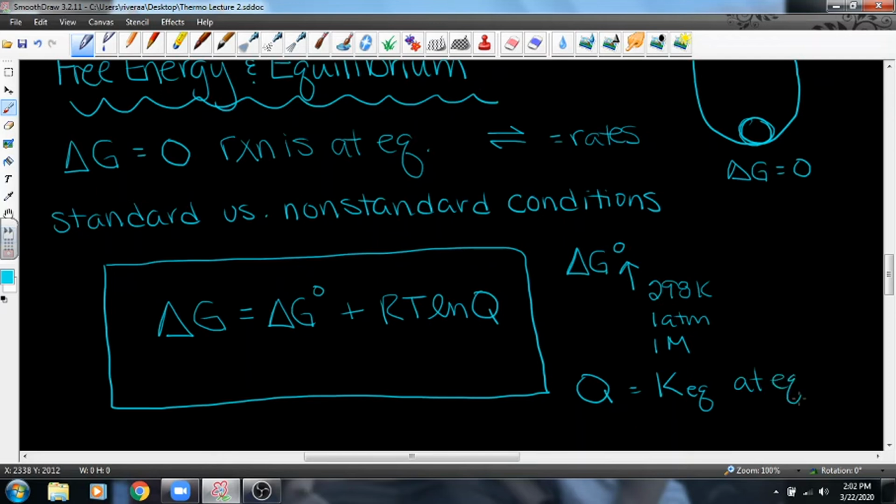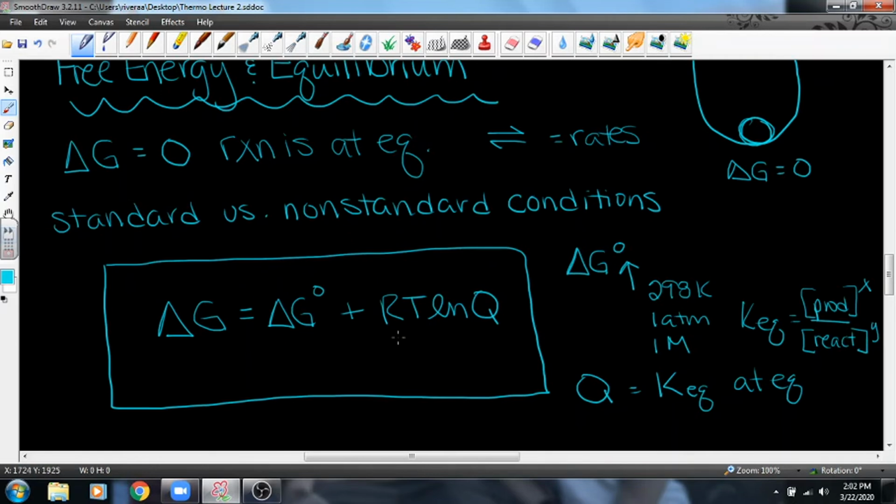So remember, it's just that equilibrium constant expression. Remember, K_eq is your products raised to their coefficients over your reactants raised to their coefficients.